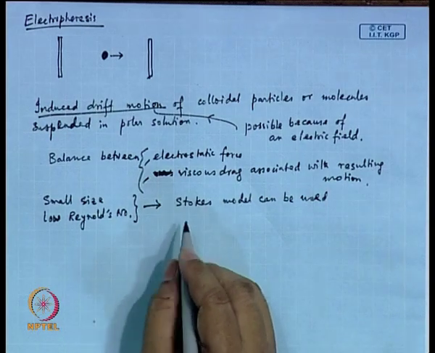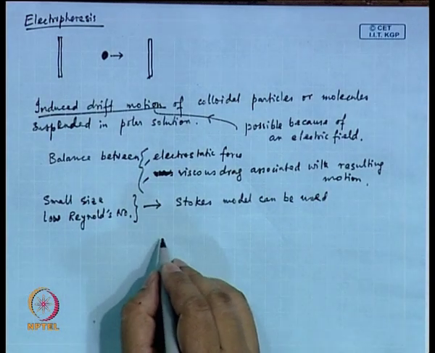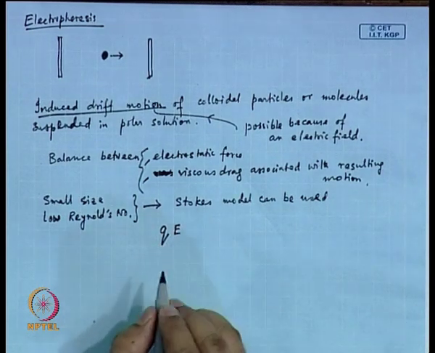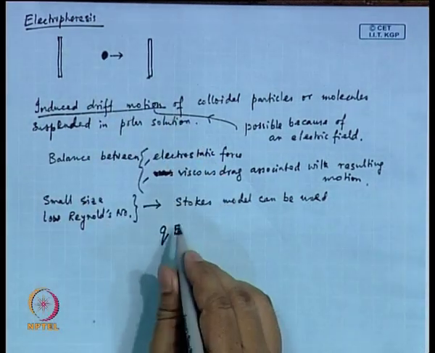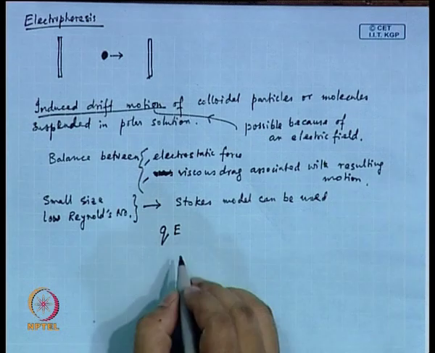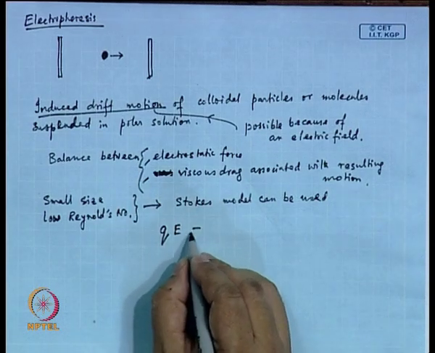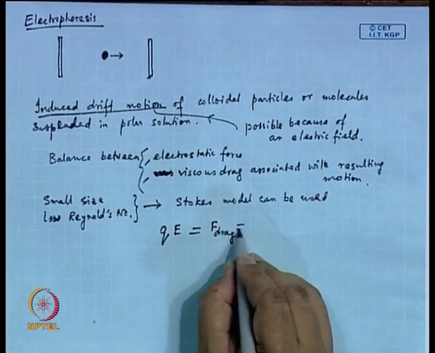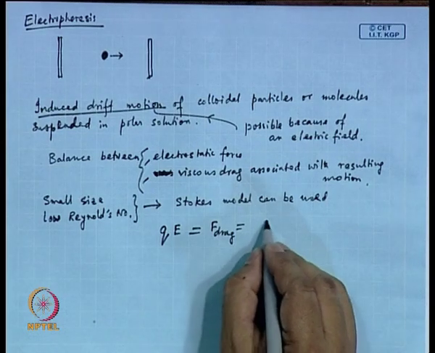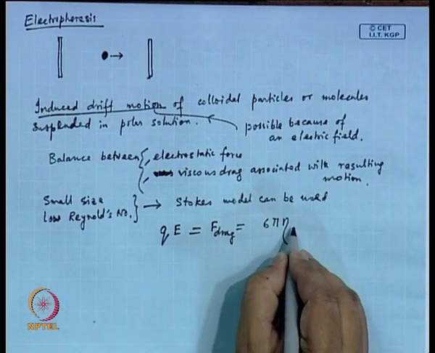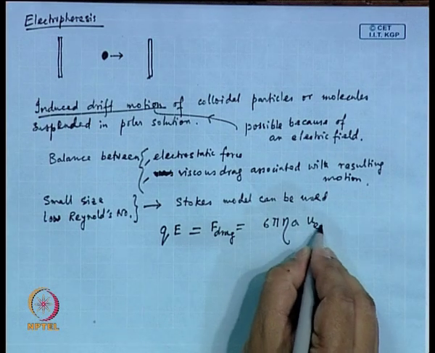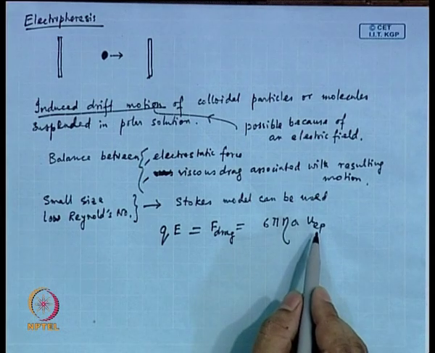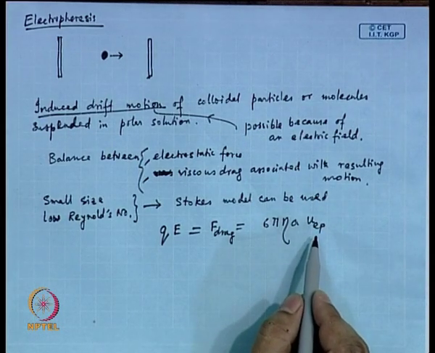So what you would be writing in that case is qE, where q is the charge on that particle and E is the electric field, and that has to be equal to F drag, the drag force, which is given by 6 pi eta a u_ep. u_ep is the electrophoretic velocity, that means the velocity attained by the particle at steady state.